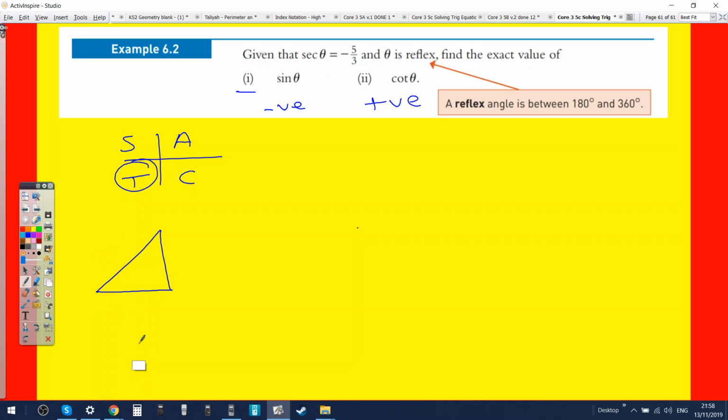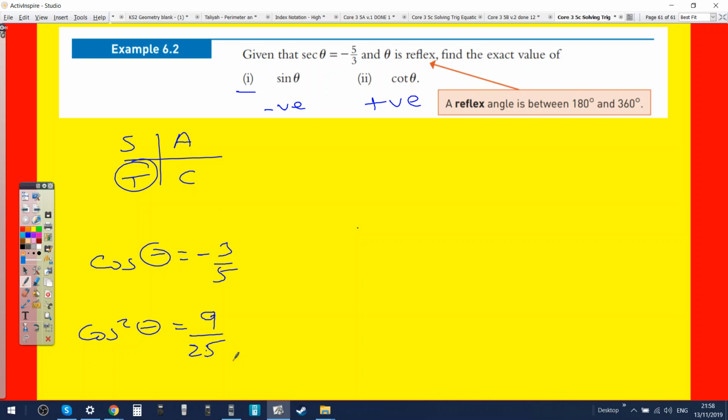And similarly, if you did cos theta is equal to -3 over 5, if you square both sides, it becomes positive. And then when you find the sine, sine theta would be plus or minus 4 over 5.